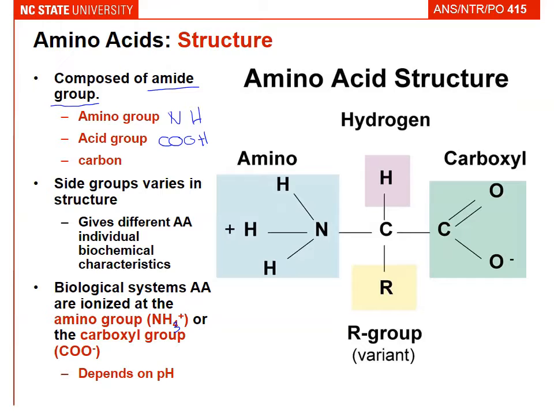So our amino group can have 3 hydrogens on it, and our carboxyl group can have a charged oxygen. Sometimes we can have an H conjugated there, and that really depends on the pH of the solution the amino acids are in.